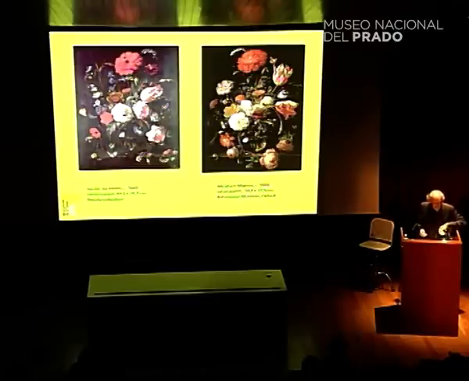As you can see here, a De Heem painting from about 1665 and a Mignon also from about 1665. You can see how close they are and how they use the same types of flowers and even use each other's flowers in their paintings.